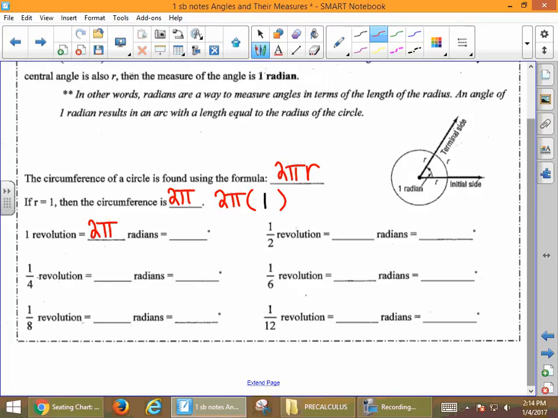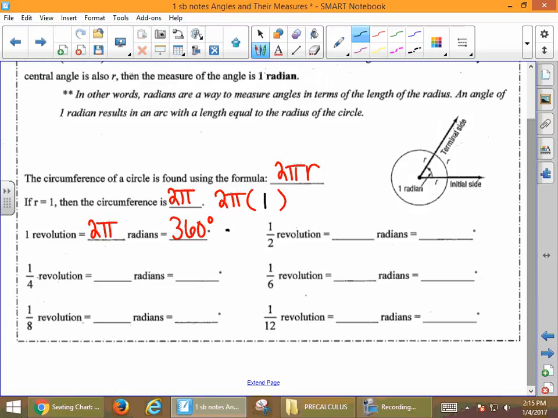Well, how much is 1 revolution in terms of degrees? 360. Well, what if, instead of going a full revolution, we go half? Want to go half. So, how much is half a revolution in radians?